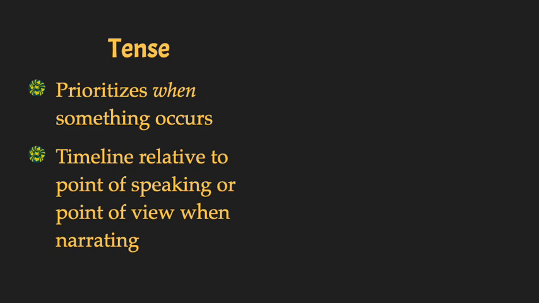Often points on the timeline, so quite often tense will say present versus past, maybe future. Some tense systems will even be like distant past versus recent past and distant future versus recent future and so on. But in all those instances, it's really prioritizing a timeline.